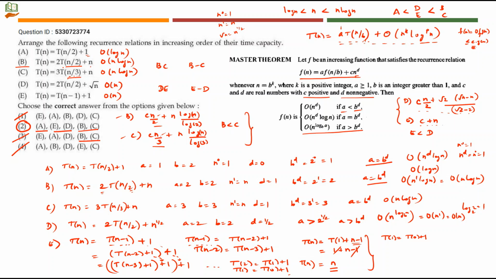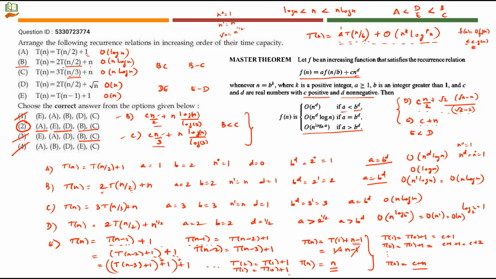This part is actually equated to a constant plus 1. If you take T of 2, it is actually T of 1 plus 1. So here it is c plus 1 plus 1, which is equal to c plus 2. So if you take T of 3, it will be c plus 3. If you take T of n, it will be c plus n.